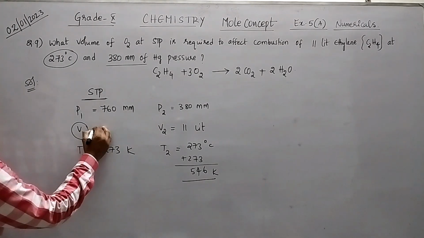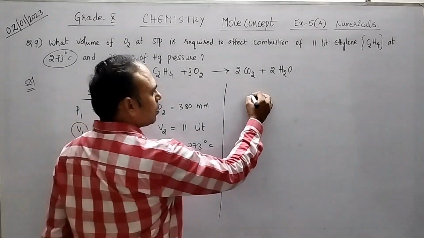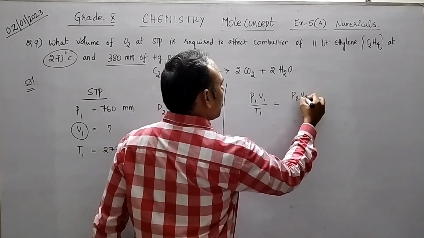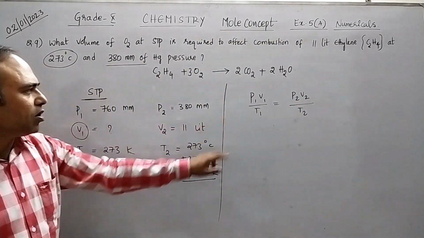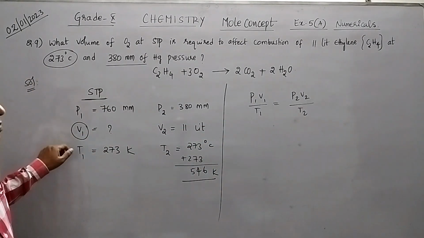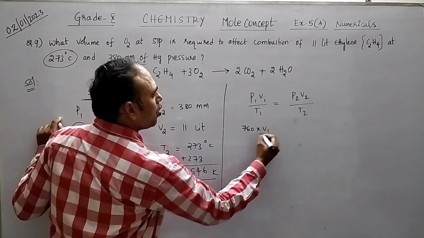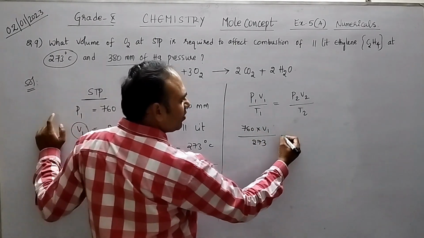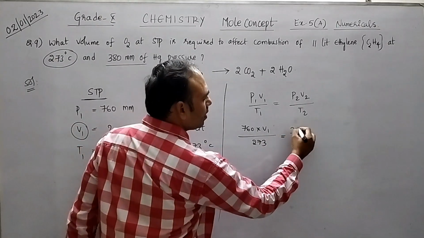Now calculate V1. So we know the formula: P1 V1 by T1 is equal to P2 V2 by T2. By applying this formula you can calculate V1. So what is P1 here? 760 into V1, which we need to calculate, by 273 Kelvin is equal to, what is P2 here? 380.